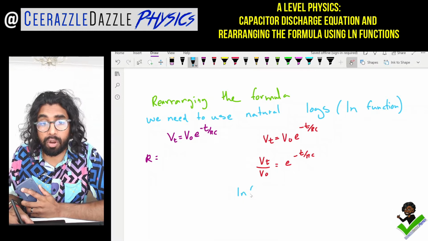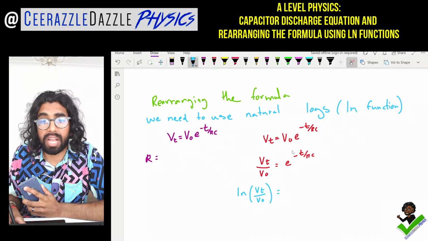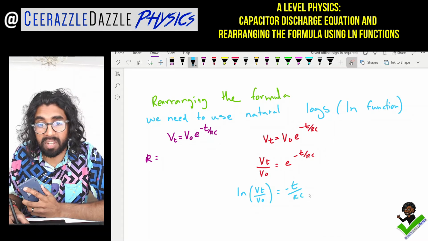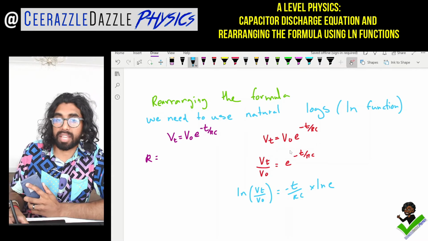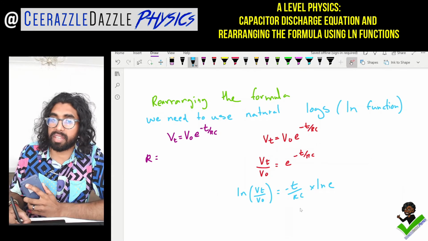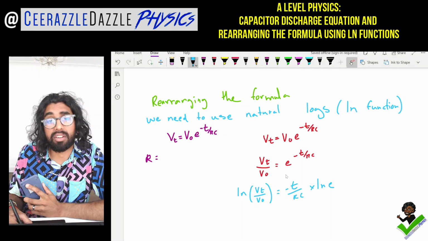So the Ln of Vt over V0 is equal to, on the right hand side, the exponent pops down, so minus t over RC drops down, times Ln e. That's how I'm able to drop it down using the Ln function.